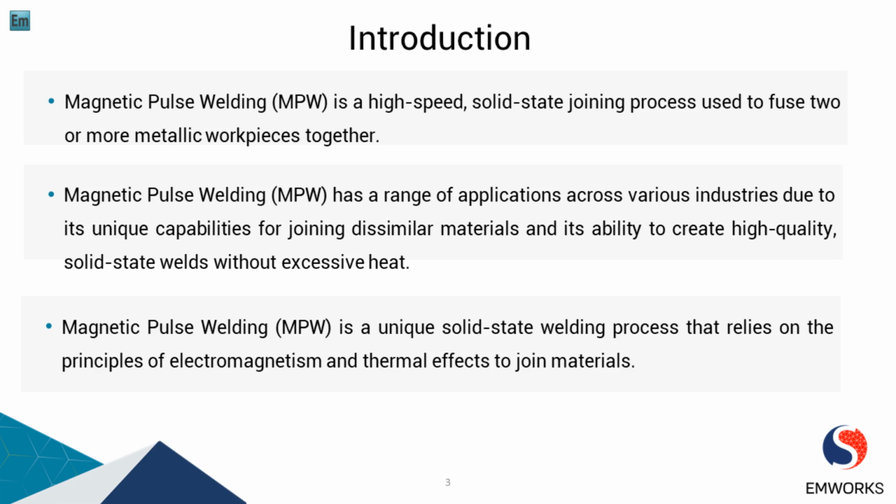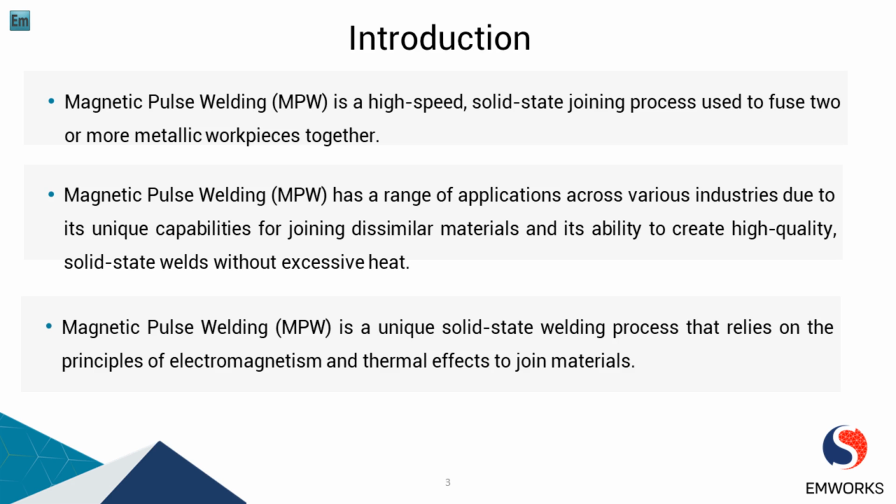Magnetic pulse welding, which is an extraordinary high-speed solid-state joining process, is utilized to fuse two or more metallic workpieces. Its uniqueness lies in its ability to create high-quality solid-state welds at a rapid pace without excessive heat.